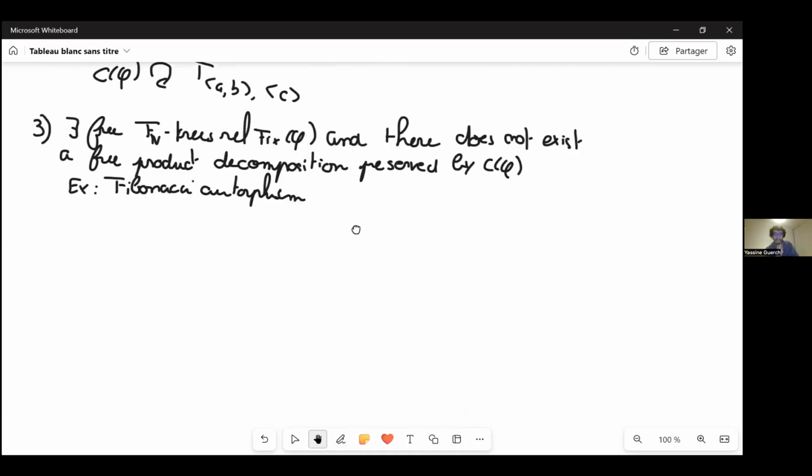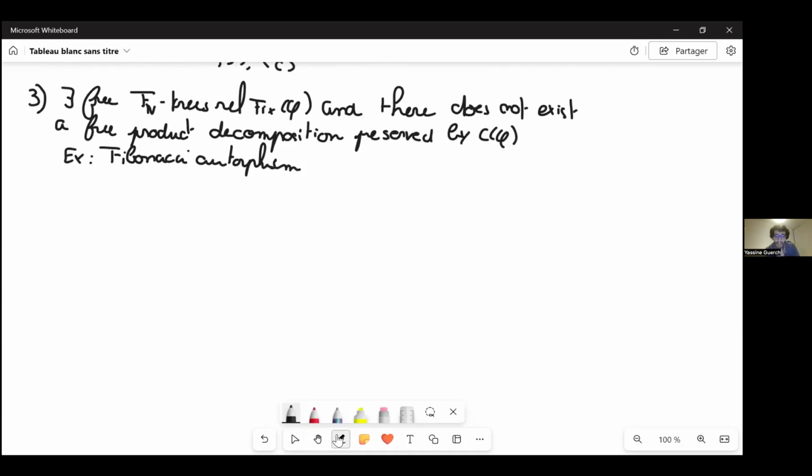And what we do is, even though we have infinitely many Fn trees relative to Fix(phi), we can look at the restricted action of the centralizer of phi on the set of all free Fn trees relative to Fix(phi).